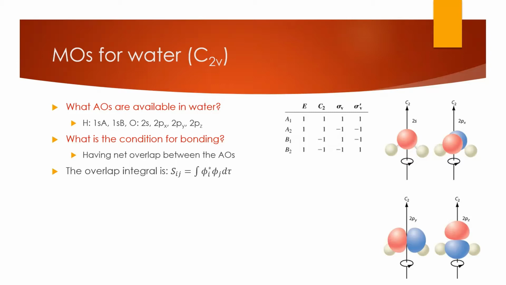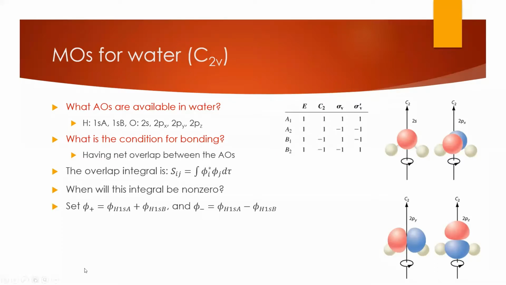And what we're going to do for this is set up combinations of the hydrogen atom orbitals. So we're going to set one combination where we have a phi plus, which is when we add the hydrogen atom orbitals together, so they're a symmetric addition. And then we're going to have an anti-symmetric one where we subtract them from each other.